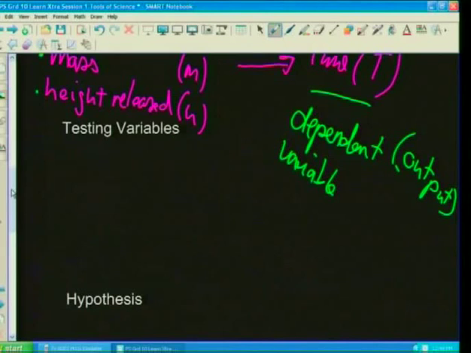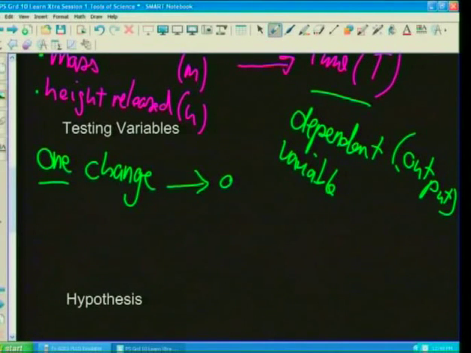So here's the thing. When you're testing variables, you must have only one thing that you change, one change that produces one outcome, one output, one change over here.